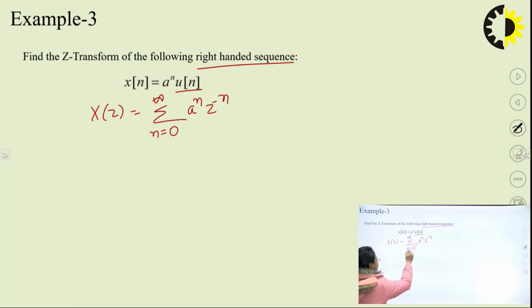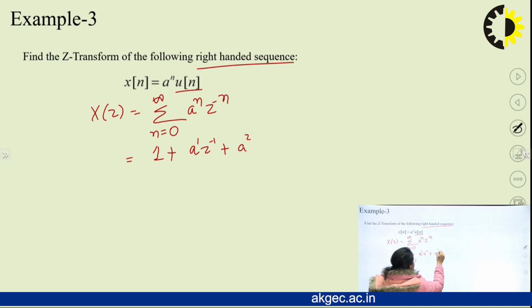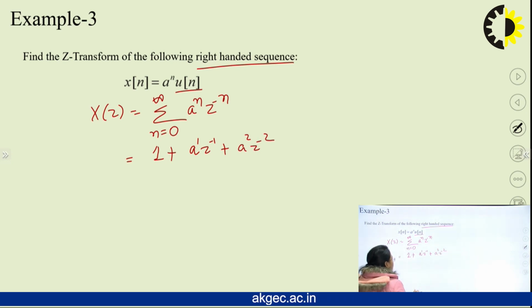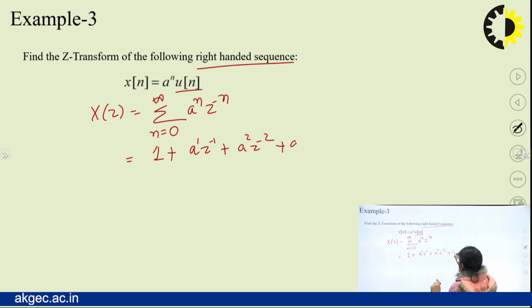When I put in the values of n, I get a raised to the power 0 and z raised to the power 0, that is 1, plus a z^(-1) plus a^2 z^(-2). The first term will be 1, since something to the power 0 equals 1, plus a^3 z^(-3), up to infinity.